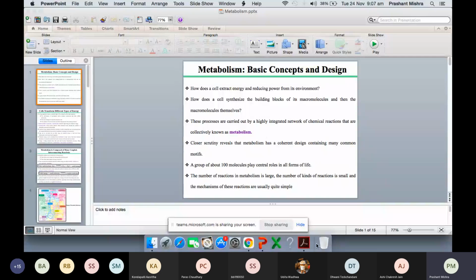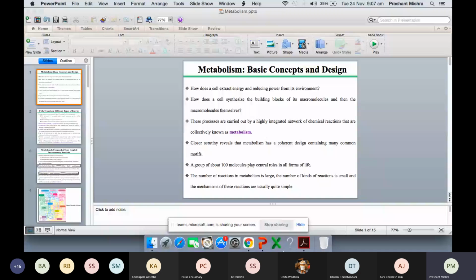That means how is a cell going to synthesize amino acids first, and then from these amino acids how does it make its macromolecules? These are generally carried out by a huge network of reactions, and these are chemical reactions, as you have seen in individual reactions. These reactions are collectively known as metabolism.